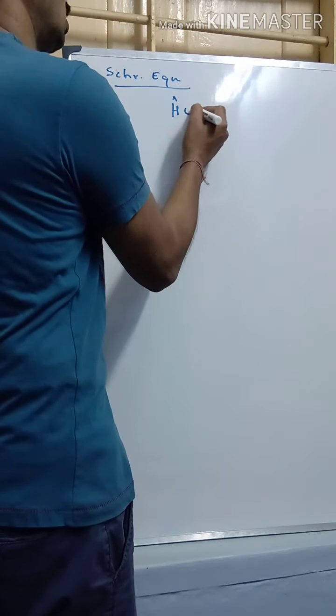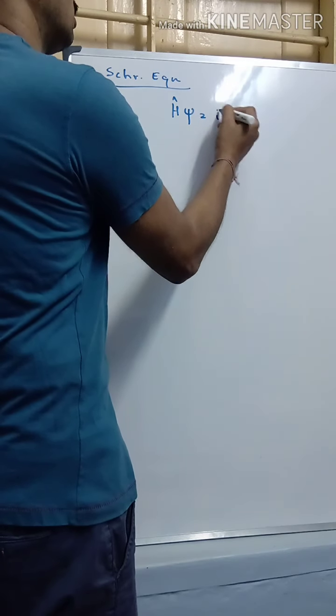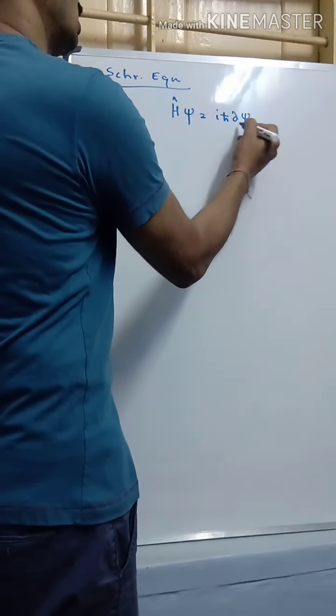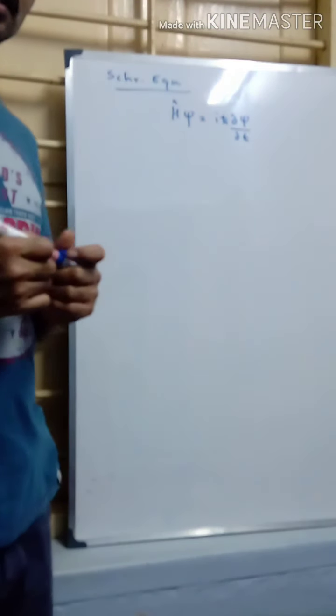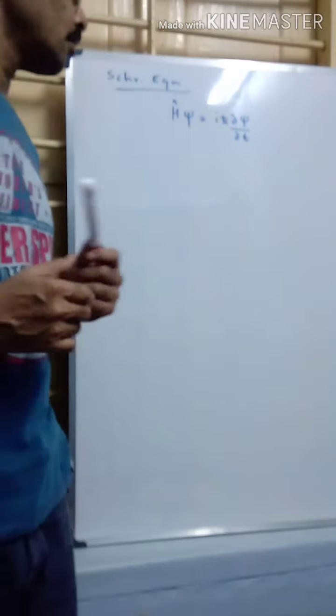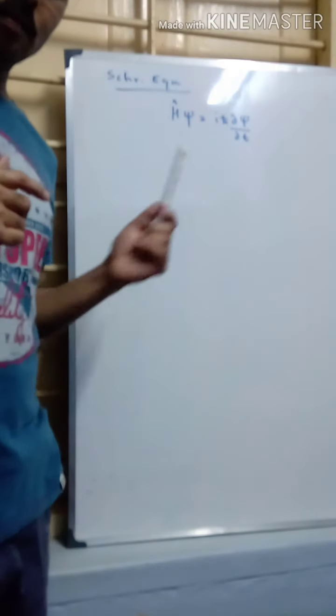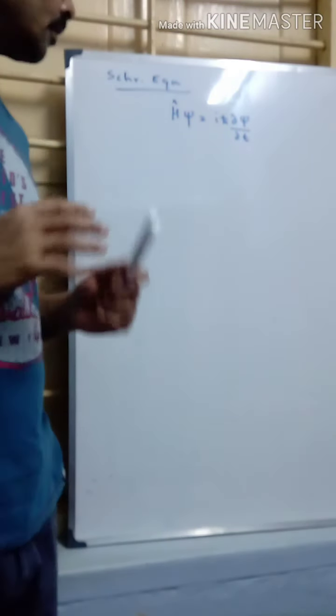H psi is equal to i h cross del psi del t, where H is the Hamiltonian operator, H cap, and psi is the state which represents a particular state.